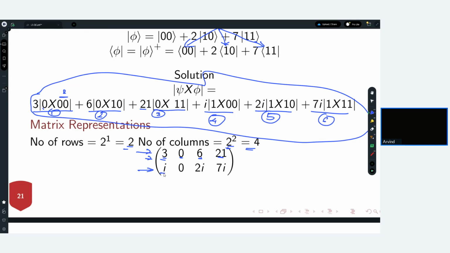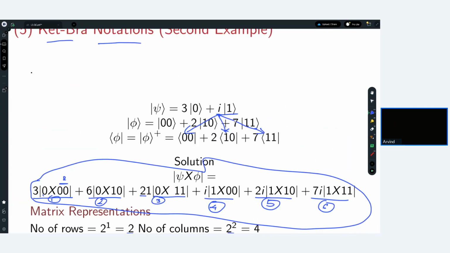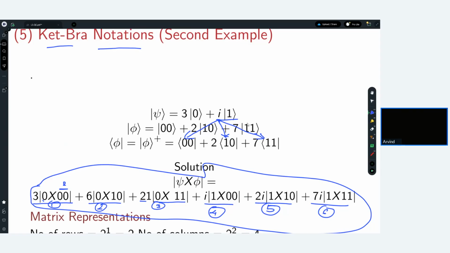Similarly, for writing the first row of the resultant matrix, we will write I at first row and 0 column. 0 we are writing because there is no term in the 1 column of the first row. 2I we are writing at first row and third column. 7I we are writing at the first row and the fourth column. So this is the way in which we perform a cross product using the Ket-bra notation.